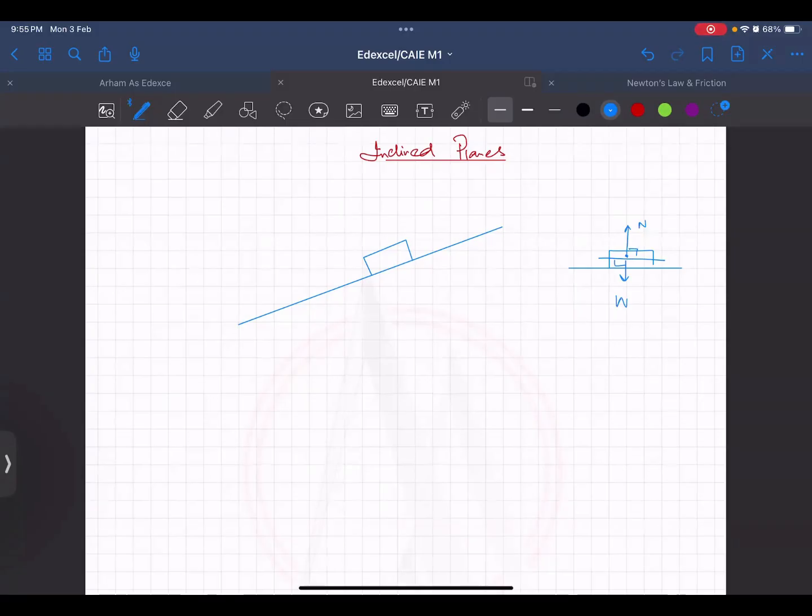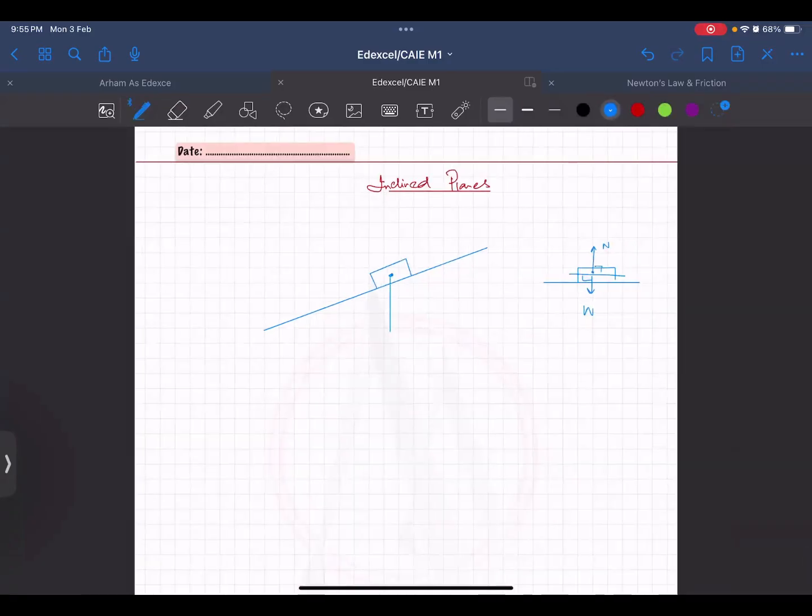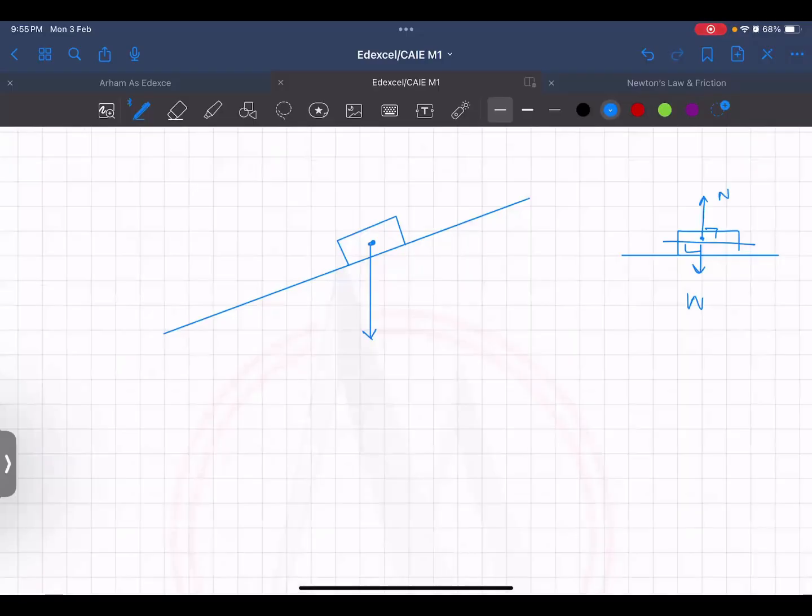opposite to the weight. But now your weight is still downwards, but the force countering it is not vertically upwards. The weight is now being distributed. One part of the weight is along the plane, and one part is perpendicular to the plane. This is the weight component perpendicular to the plane and the weight component along the plane.